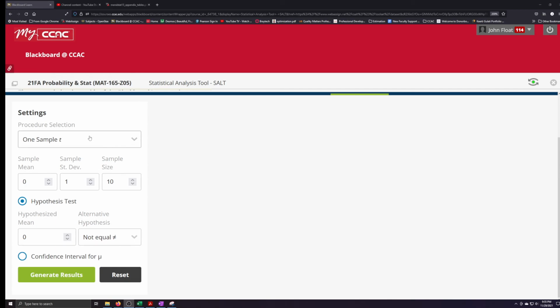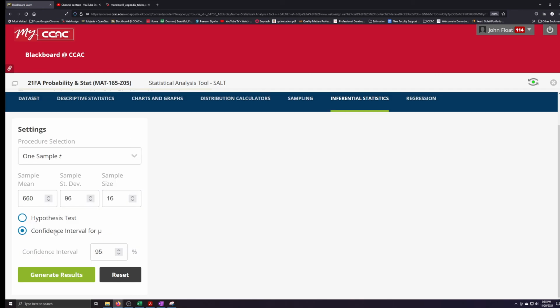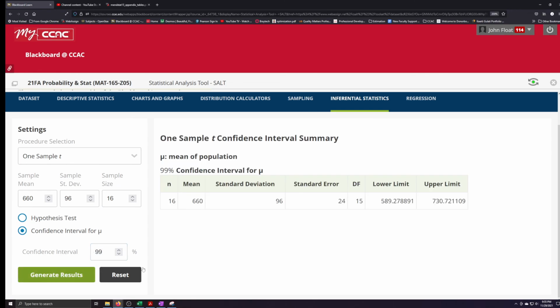So we are still dealing with one sample t. Our mean score was 660, the deviation was 96, the sample size was 16. Now, we need to check confidence interval, and we're going to change our confidence interval to 99%. Now, when we generate results, we have a 99% confidence interval.